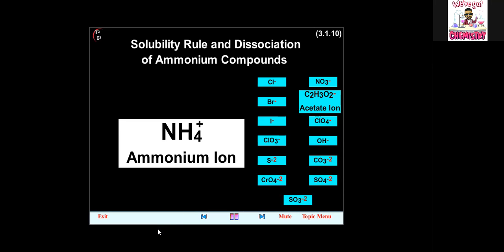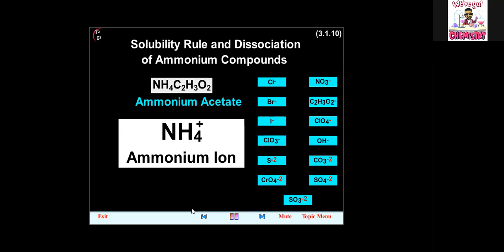C2H3O2-, acetate ion. Ammonium acetate is soluble in water.